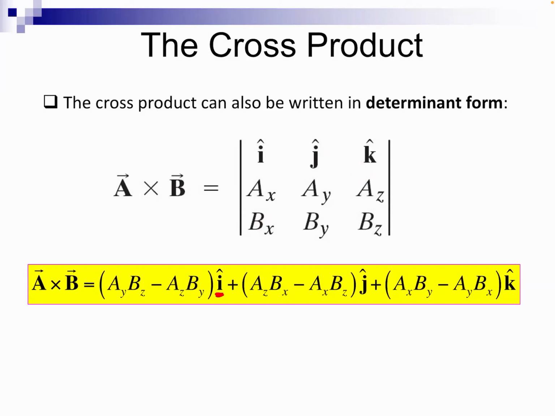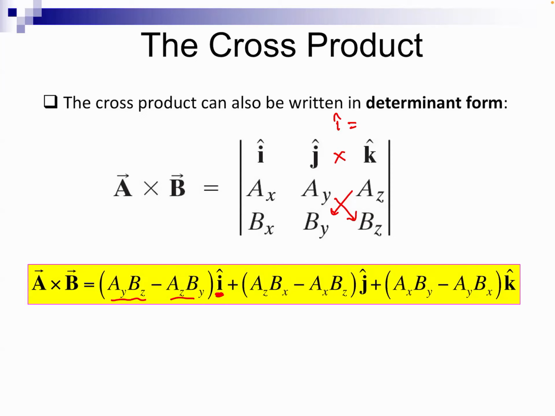So the cross product between j hat and k hat will give you the i hat vector. To get it, you get the determinant between these vectors: ay times bz, that's that part here, minus az times by, that part here. So that gives you the i hat component.